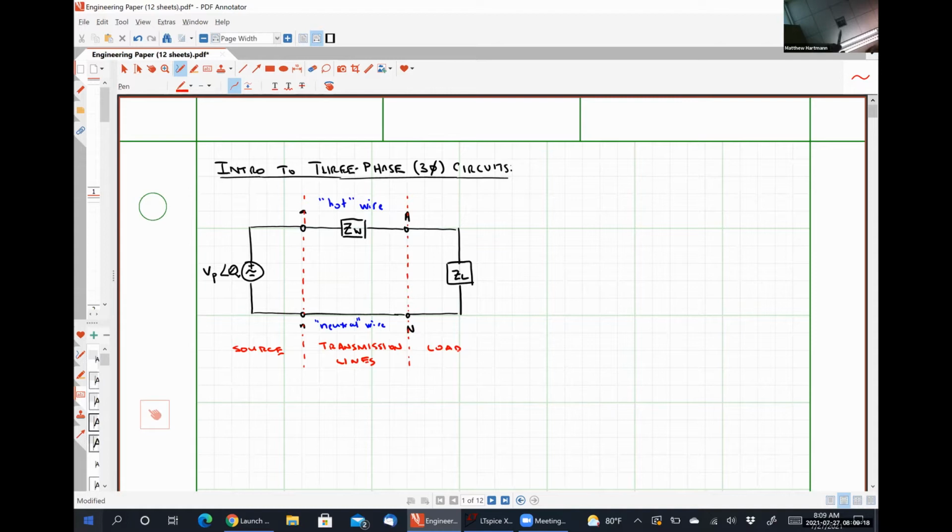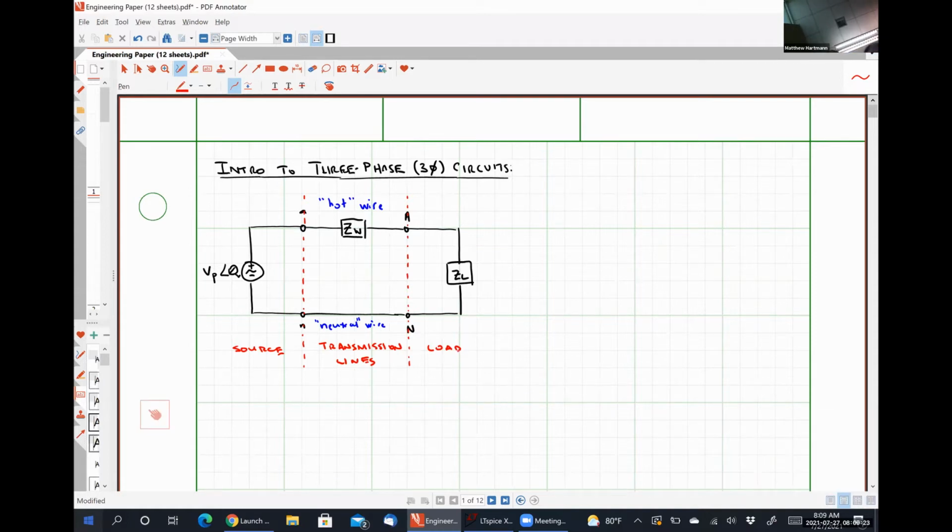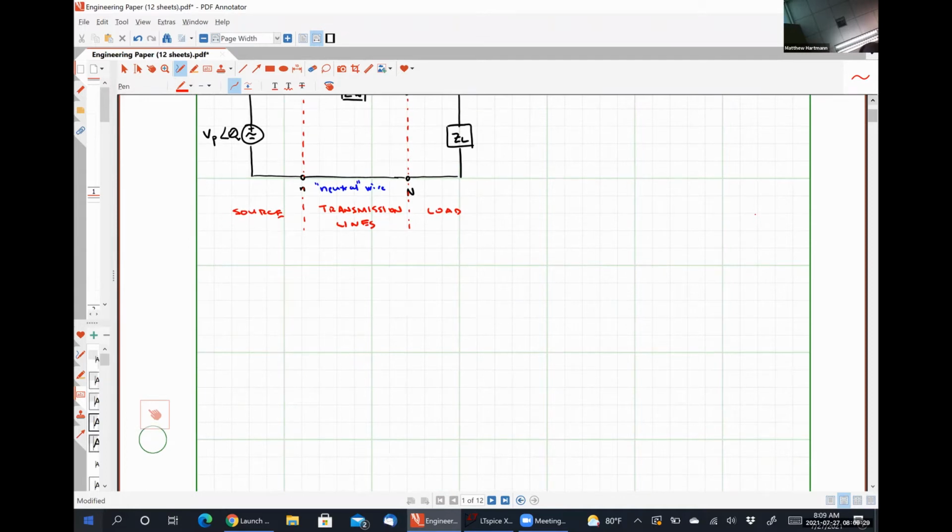Well, a three-phase, three-wire system is going to look similar, but there's going to be some key differences. So let's say that I have A here, B here, terminal C here.